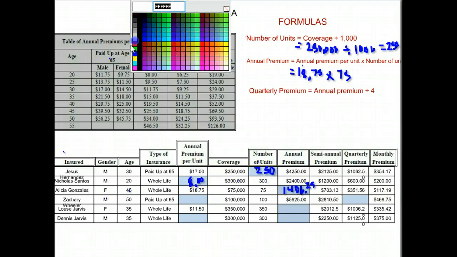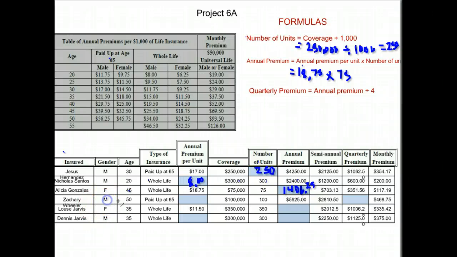We're working on Zachary, who is male, 50, and paid up to 65 is the type of insurance that he wants. So we want to make sure we go to the paid up at 65 insurance, and we want to go to the males column. So this is the section we're working with. Then we find his age. His age is 50. There's 50, so we look across. We want where those two intersect, which is right here. Wow, that's expensive. $56.25.